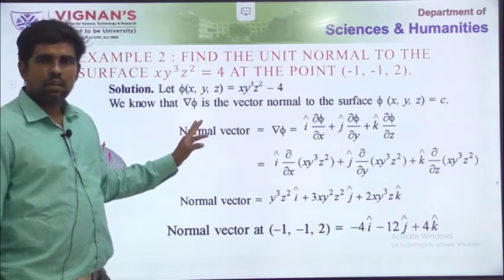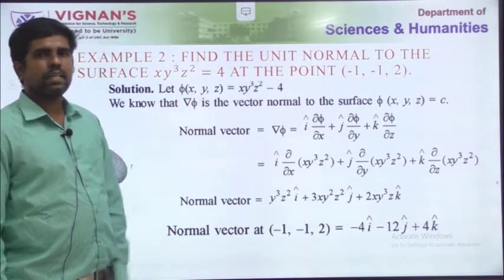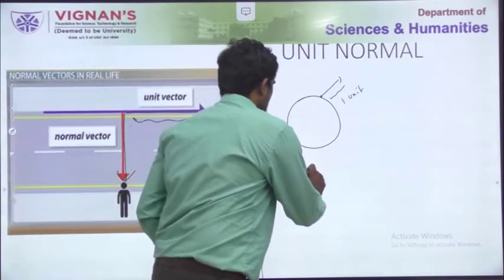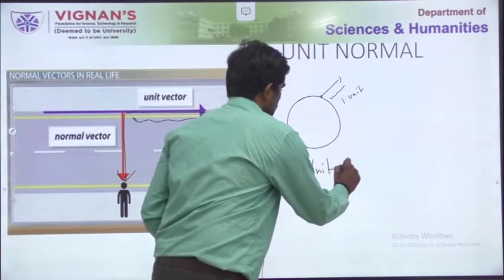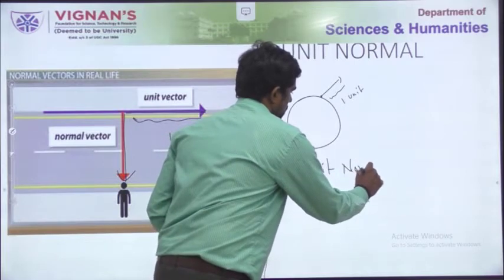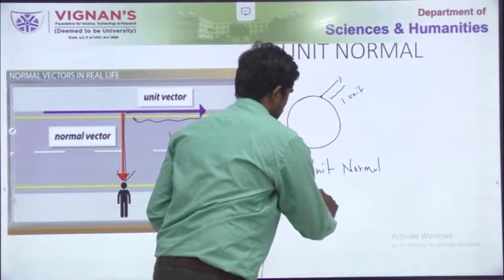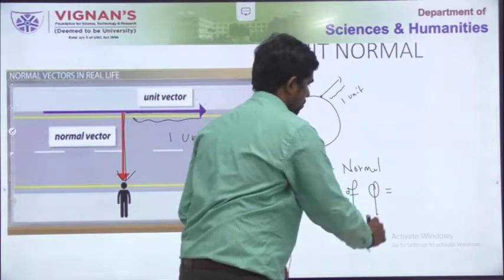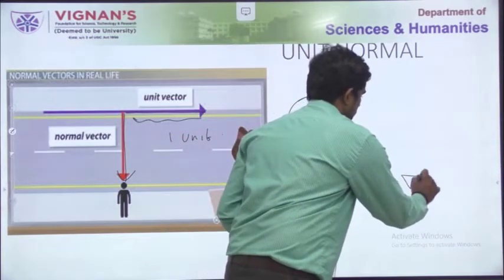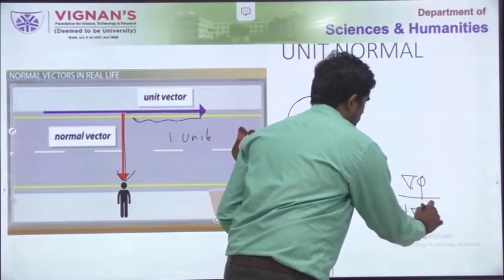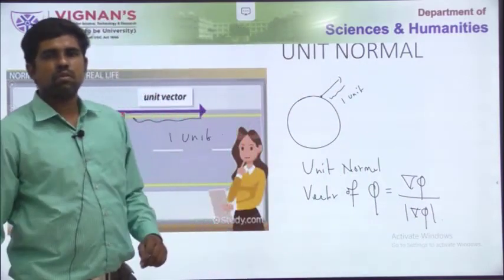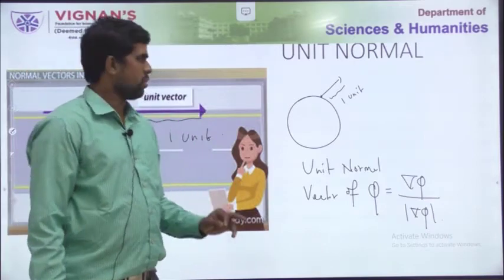So first of all, we will find the normal vector. The formula of the unit normal vector of a surface phi is equal to del phi divided by modulus of del phi. So this is the formula to find the unit normal vector of a surface.